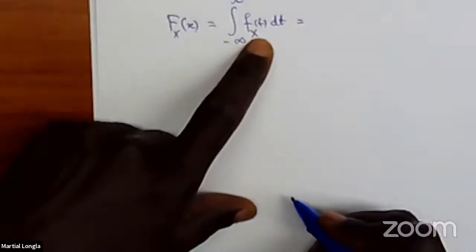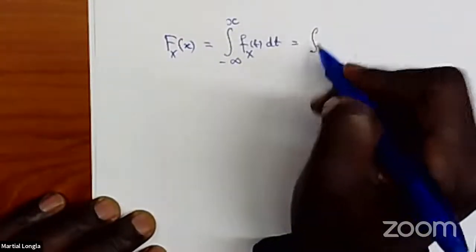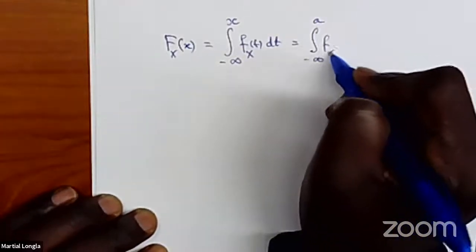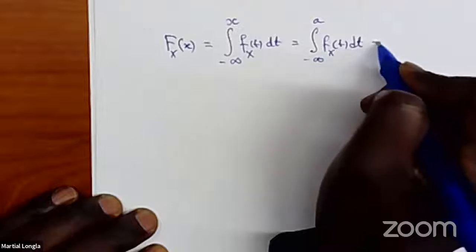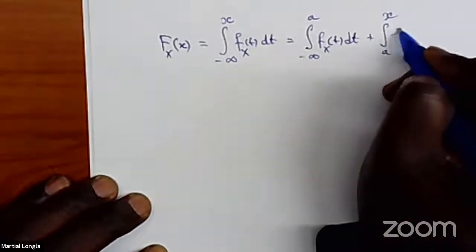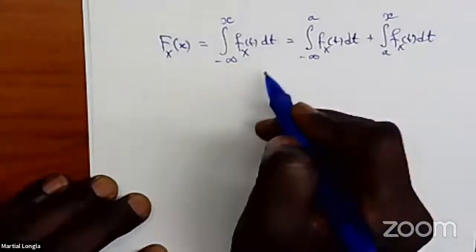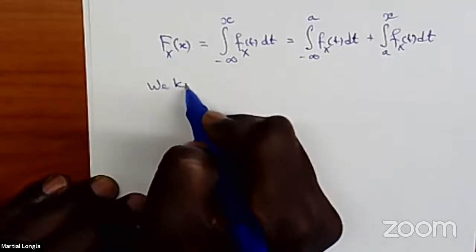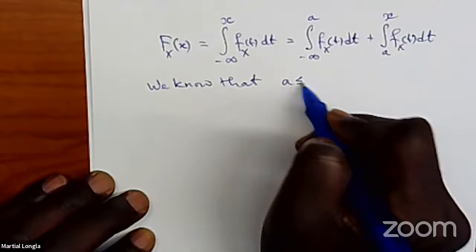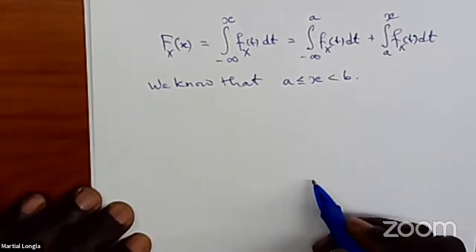And that's the integral from negative infinity to a of f_X of t dt plus the integral from a to x of f_X of t dt. But we said that a is less than x and less than b, right?